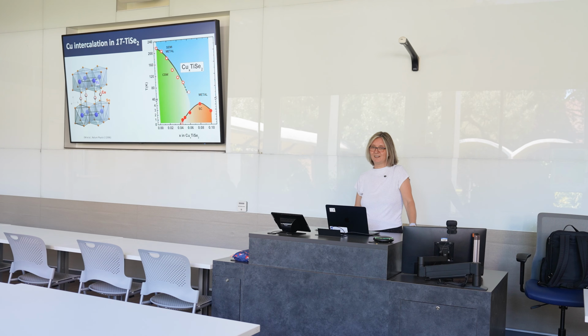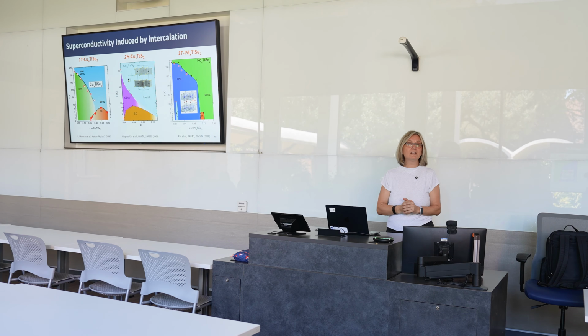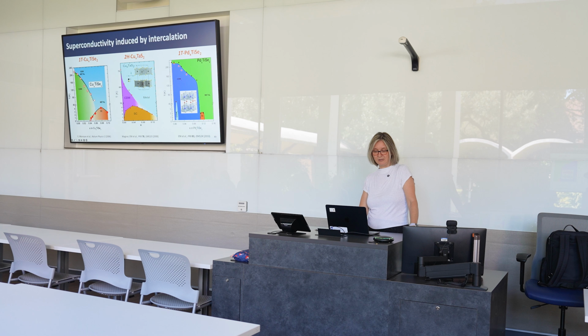So his slogan was, if it doesn't have copper, put it in. If it does, take it out. So I tried to put copper in all sorts of other transition metal dichalcogenides. Of all of those that I've worked on, putting in copper or other elements, only these showed superconductivity. Another example is copper tantalum disulfide. So yes, if it doesn't have copper, put it in, it seems to work.